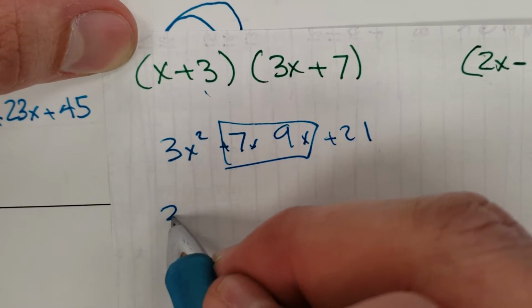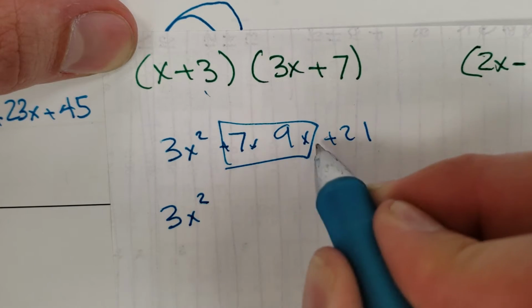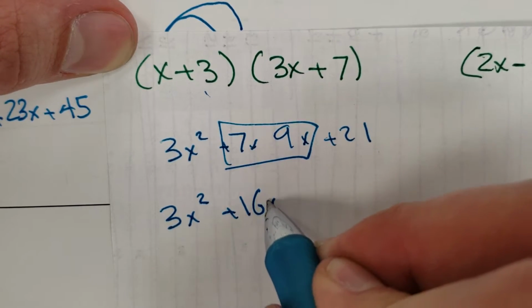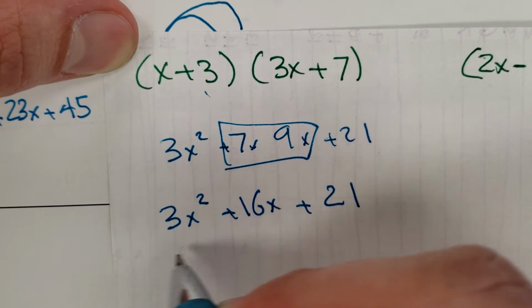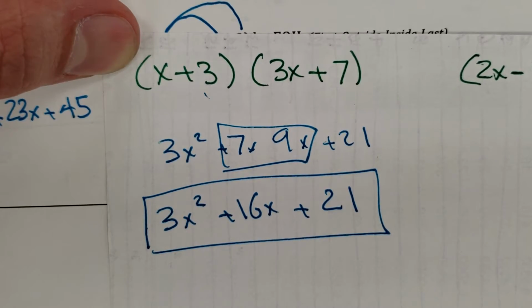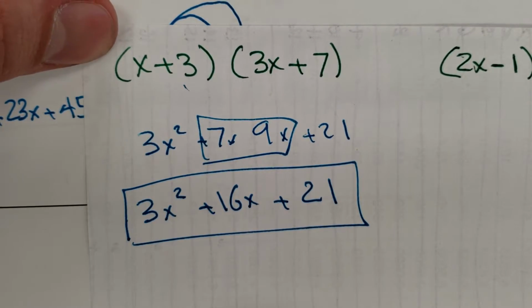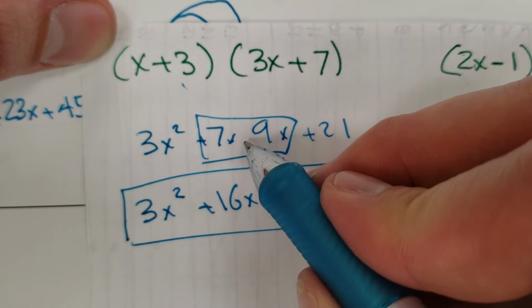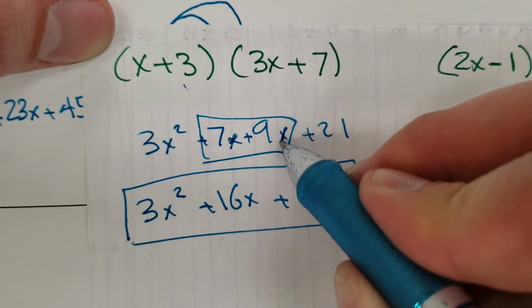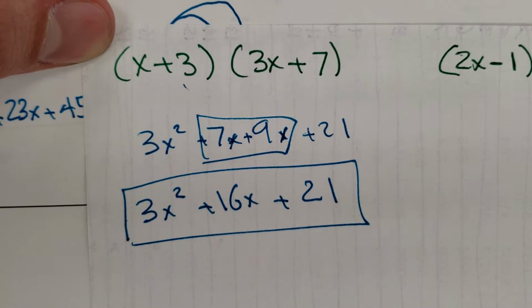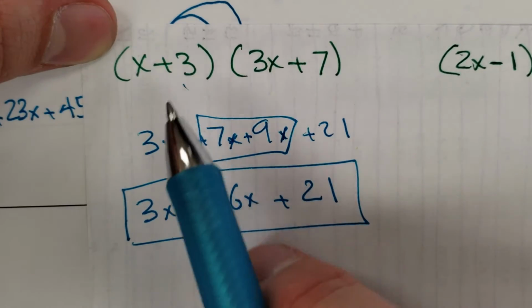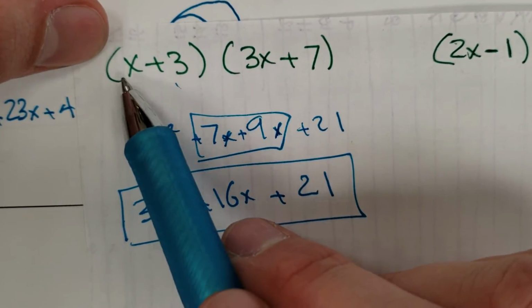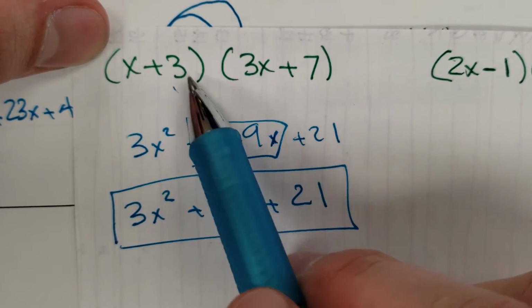Like terms, we'd have a 3x squared, we'd have a 16x plus a 21, and I am done. That's it, okay? So that's like playing a game on hard mode. No cheat codes, no help, no shields, no ammo. You just have to go through the whole campaign, and all you can do is jump. That's hard mode. That's the high-end stuff, okay? First, outside, inside, last.